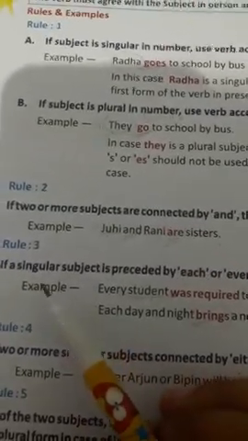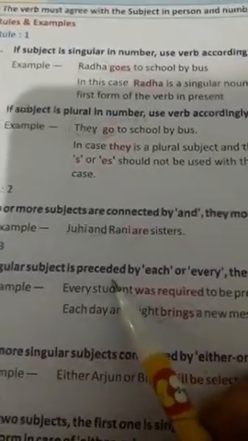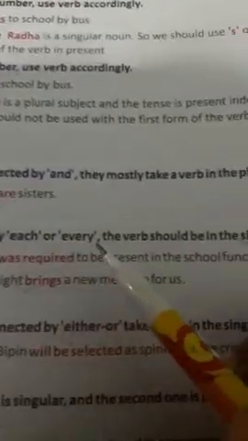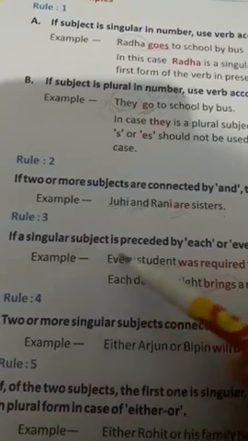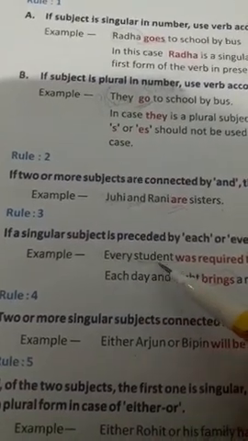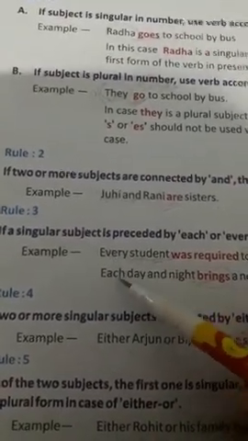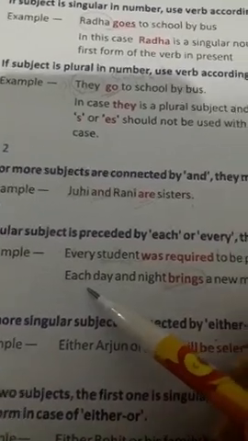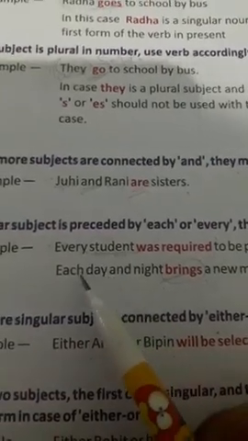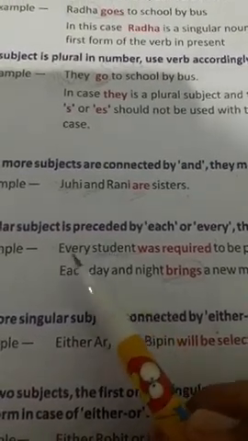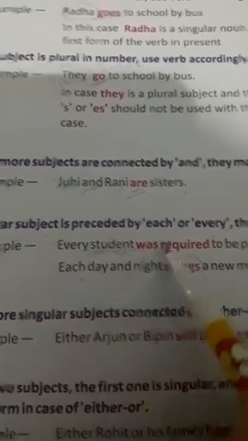Rule number 3: if a singular subject is preceded by each or every, the verb should be in the singular. If your singular subject is preceded by each or every, then you have to use the verb singular.